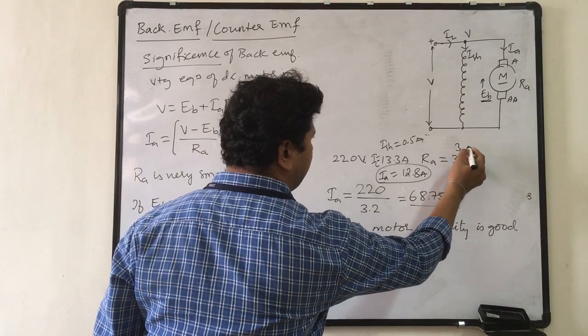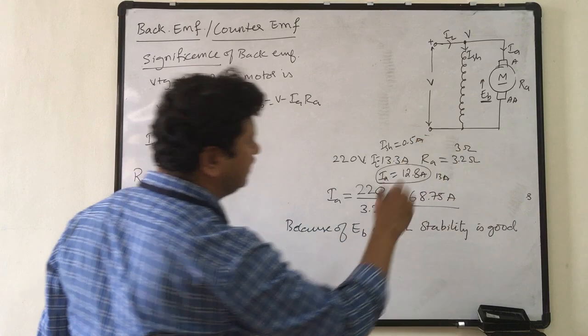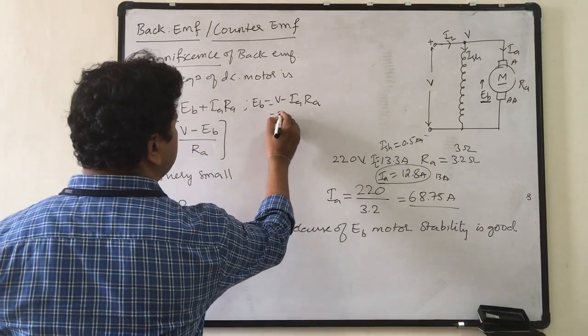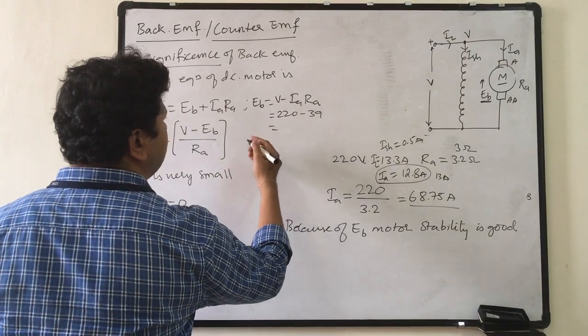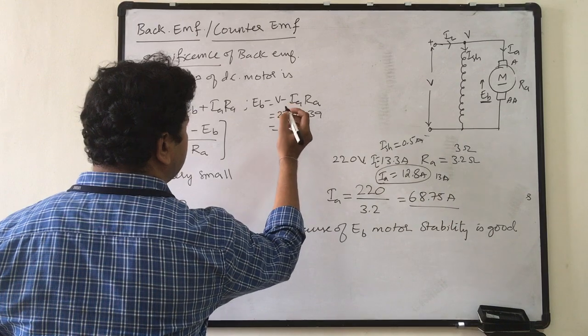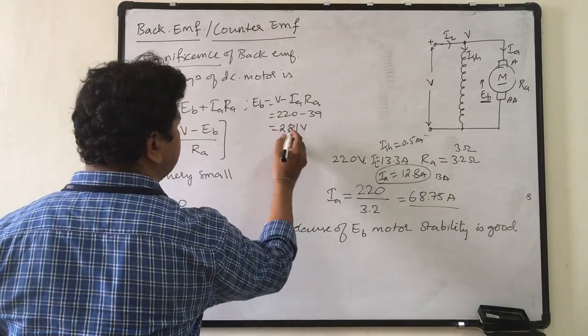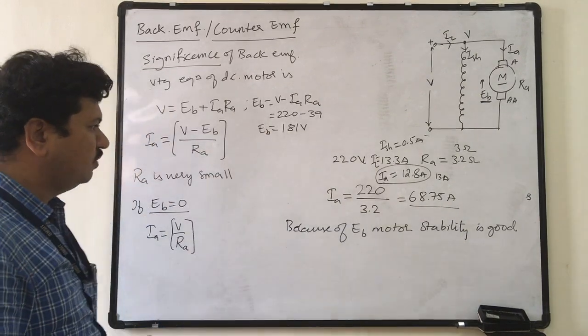I will approximate it to 3 ohms and 13 amps. So 13 threes are 39. So EB is 220 minus 39. How much do we get? 181 volts. EB is 181 volts.